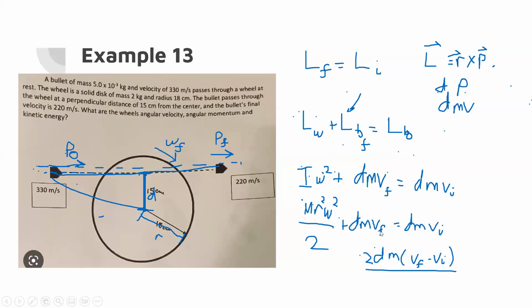Whoops. Mass and radius squared. All of that. I need that. I just need to take the square root. And that is equal to my omega final, or the omega of the wheel. And we'll go ahead and move on.